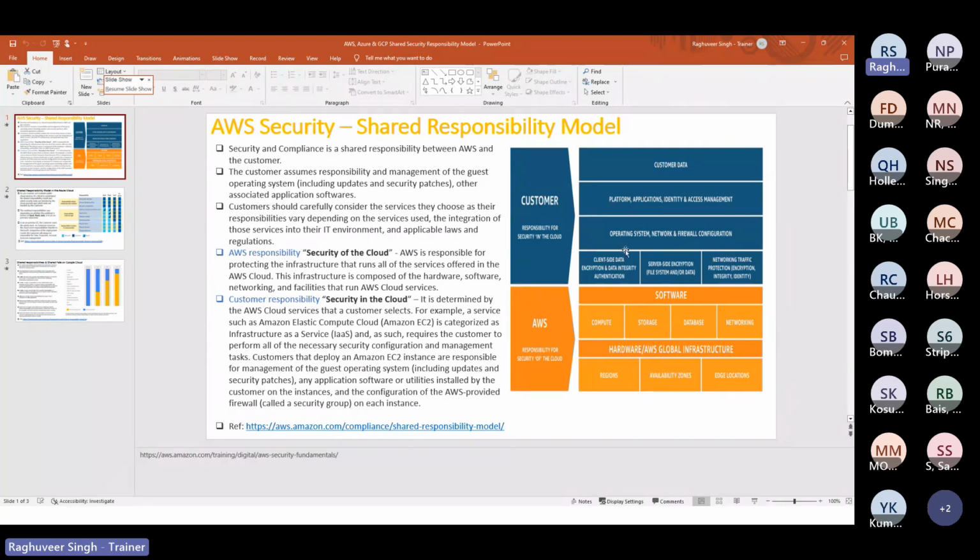This model is a bit complicated because when you say security in the cloud, you also need to clearly mention what that security in the cloud is and what services are involved. That is what AWS is trying to explain here. But since AWS is not explaining it by taking the deployment models into consideration, it becomes a bit difficult for the customer to understand. It is a bit confusing.